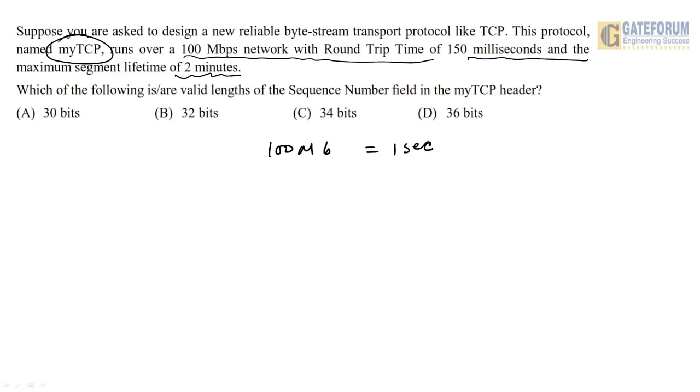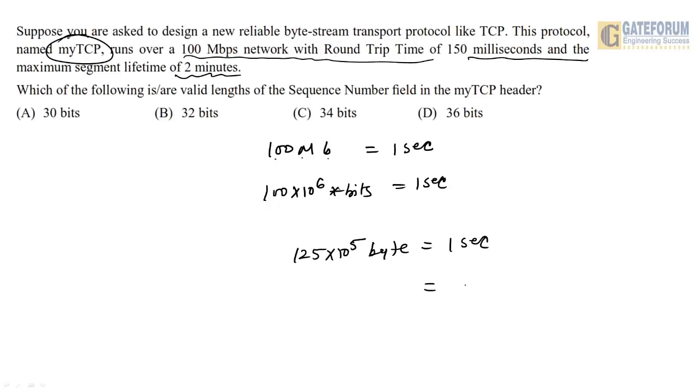So how much data can we transmit in 2 minutes? 100 M we can write as 10 to the power 6, and it is in the form of bits. If we want to change that into bytes, then we need to divide by 8. So it is 125 into 10 to the power 5 bytes we can transfer in 1 second.